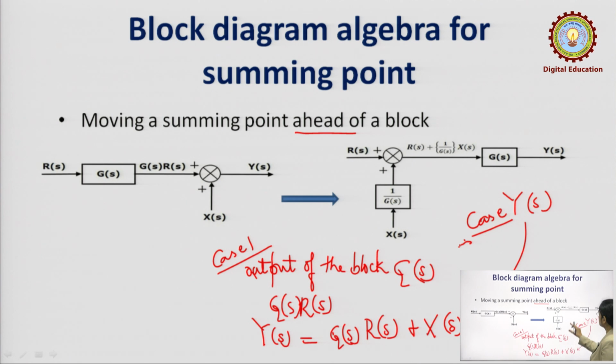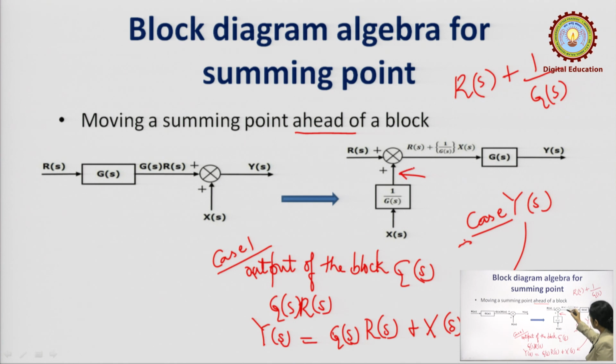Now, let us check what the output is here. The output is r of s added to x of s upon g of s, since x of s passes through the block 1 divided by g of s.